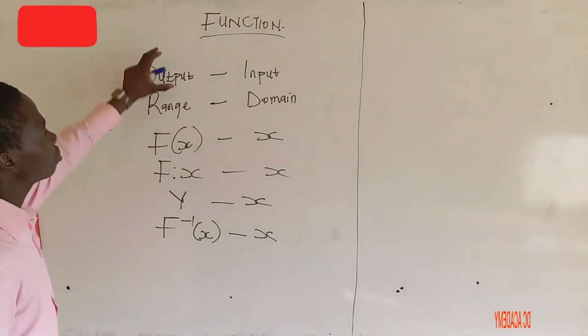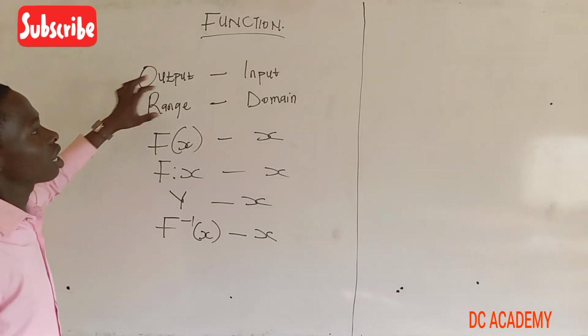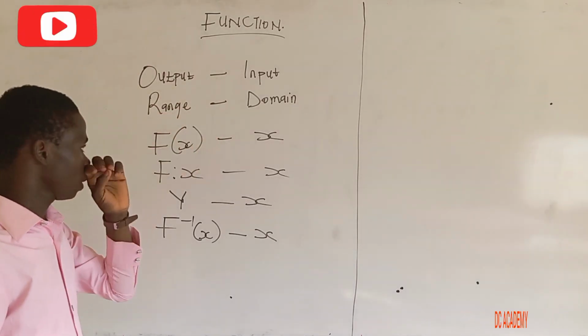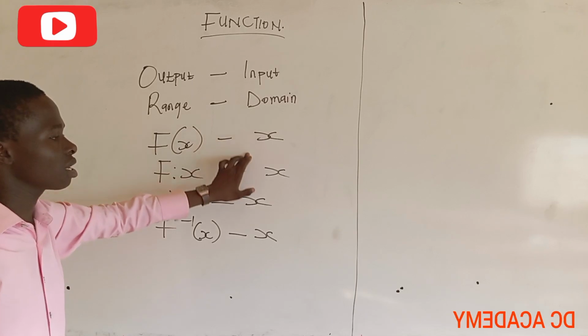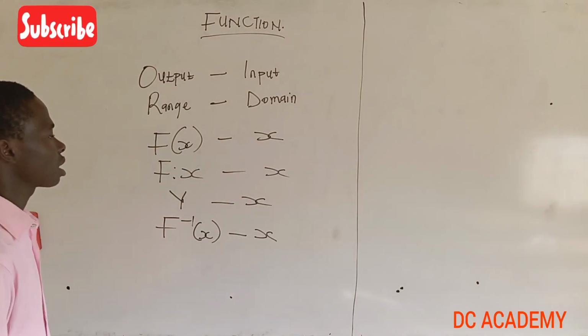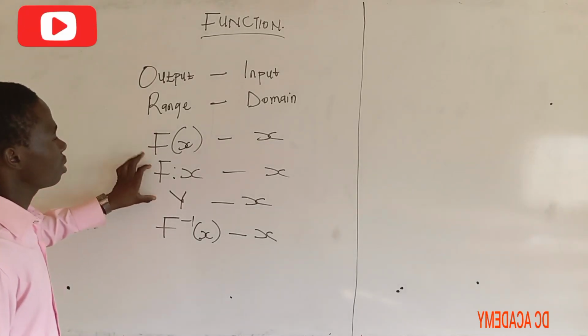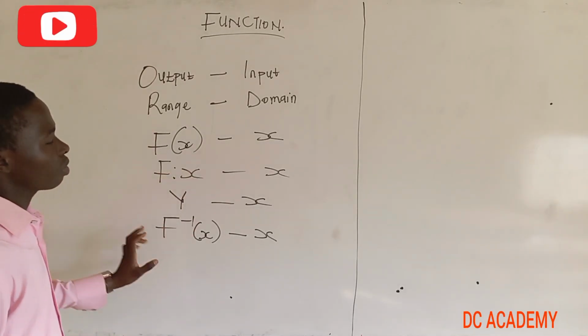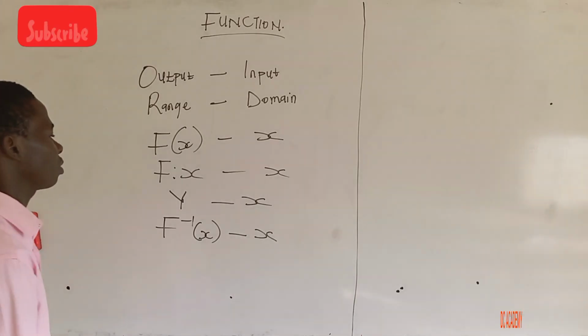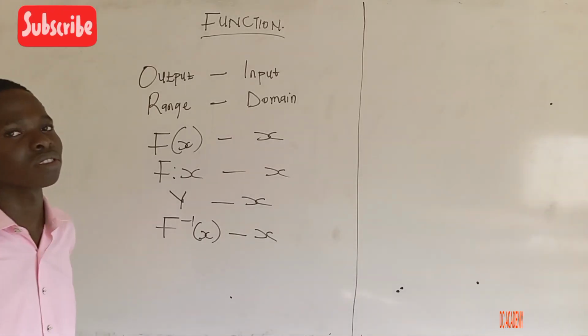So this is output, input. You can also call the output a range and the input the domain. The input is all just x, while the output is f of x, or y, or the inverse of the function.